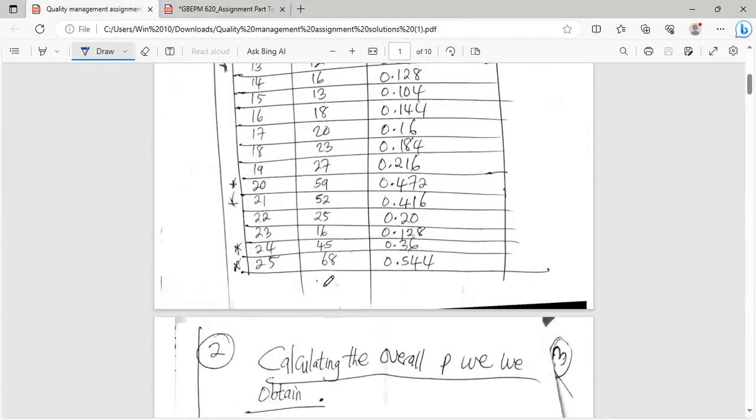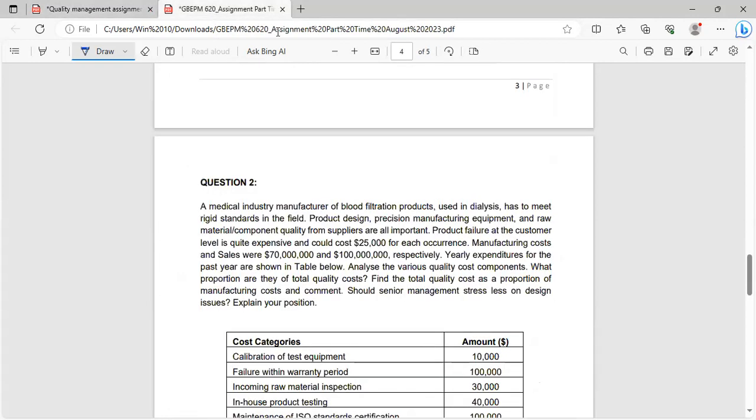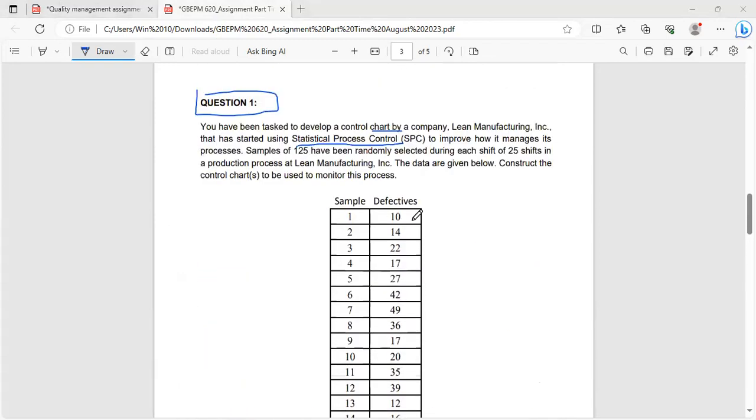The sample size is 125, as indicated in the question: samples of 125 have been randomly selected during each of 25 shifts in a production process at Lean Manufacturing. The data are given below, so construct the control charts to use to monitor this process.